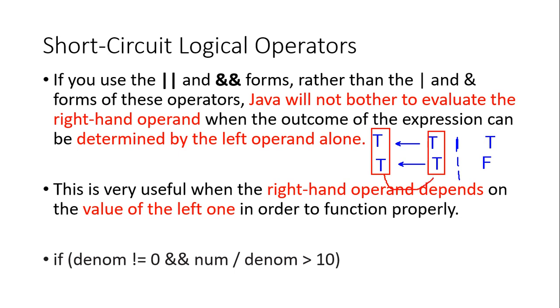So if the first expression is true, then automatically the answer is decided by the first expression. There is no need for you to evaluate the second expression. However, if the first expression is false, then if the second expression is true, the result, sorry, this is not AND, the OR operator, the result is true itself.